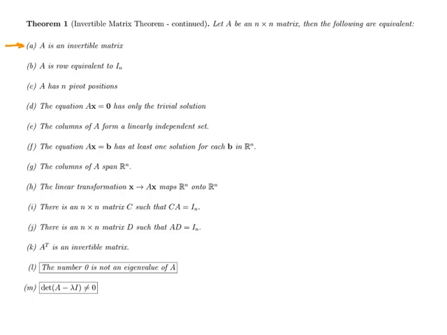But now we're going to add that if the number 0 is not an eigenvalue of A, the matrix is invertible. Note that if it is an eigenvalue, this means that AX is equal to 0 times X, which means that AX equals 0 has a non-trivial solution.